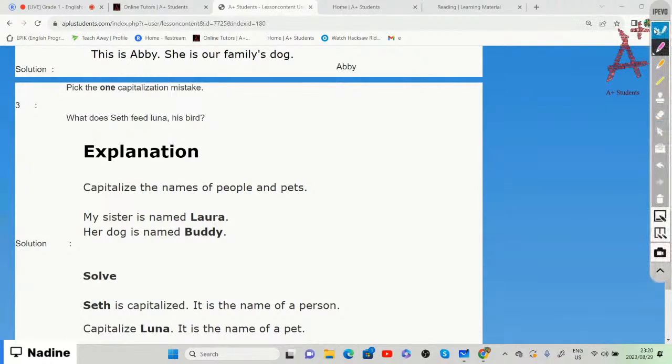We have identified Luna as the mistake because we need to capitalize Luna. So we are going to say capital letter L for Luna. So, What does Seth feed Luna? Capital letter L for Luna, because Luna is the name of the pet, which is a bird. So capital letter L for Luna.